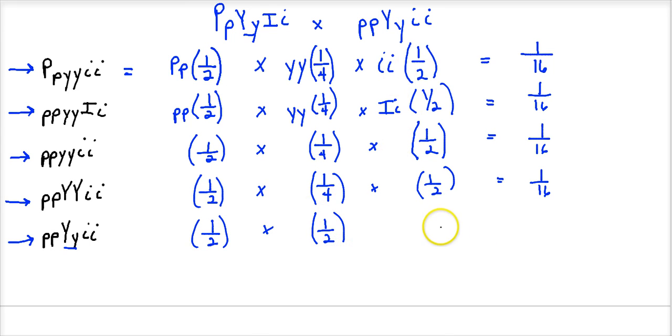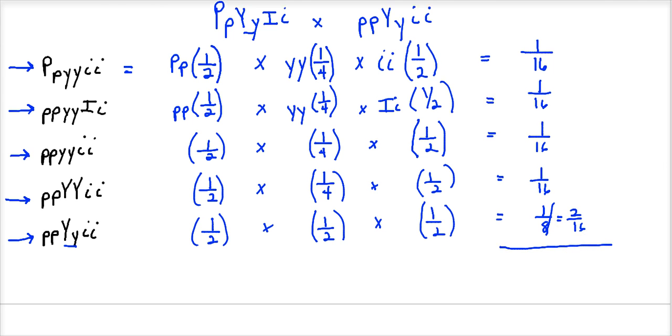Little I is 1/2. Do the math here. 2 times 2 is 4. 4 times 2 is 8. 1/8. Okay, which is the same thing as what? 2/16.